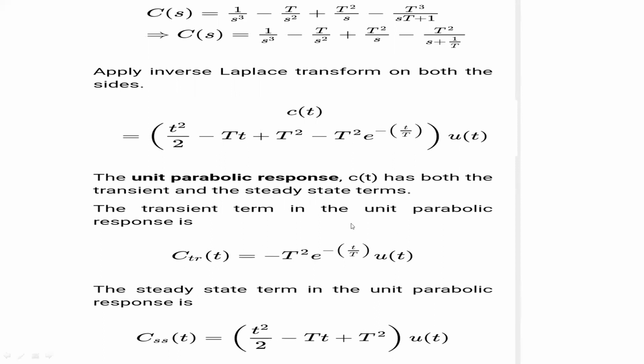So the unit parabolic response c of t has both the transient and steady state terms. The transient term is nothing but minus T square into e power minus t by tau into u of t. And the rest of the expression into u of t is the steady state response. That's the response of the unit parabolic system.